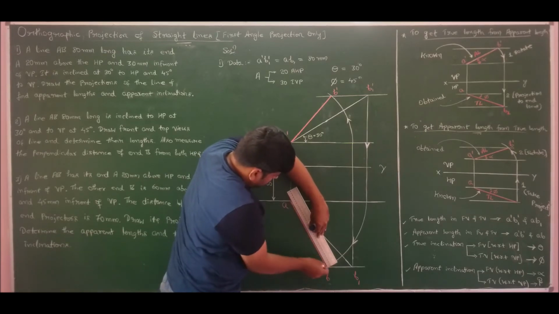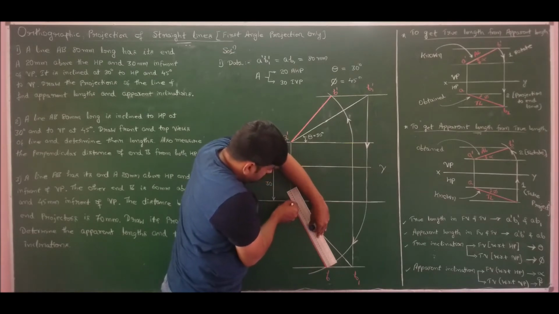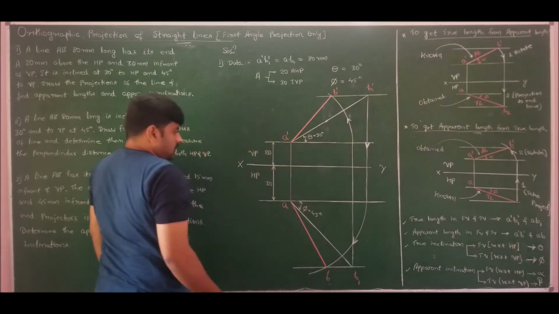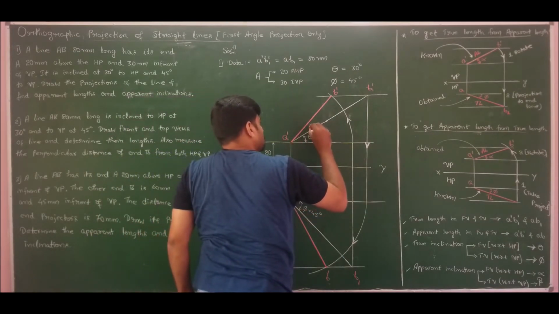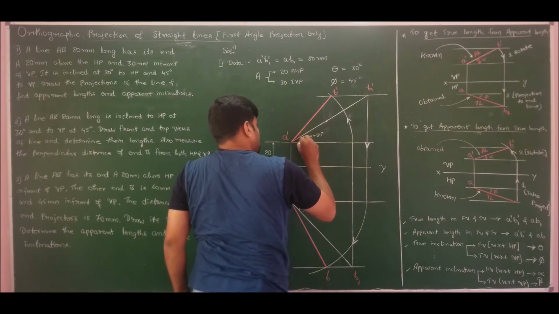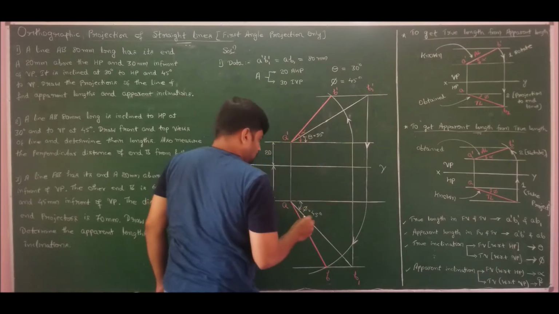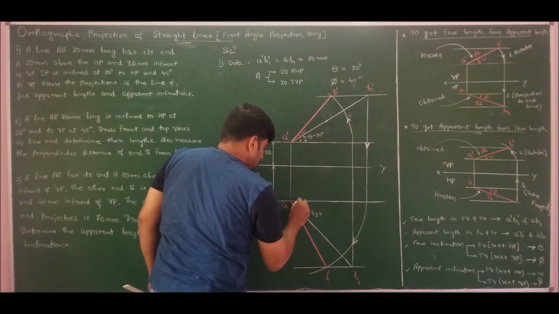Now, to indicate that it is of higher thickness, I am using a different chalk. Now what I should measure is this angle, which is nothing but alpha, and this angle, which is nothing but beta.